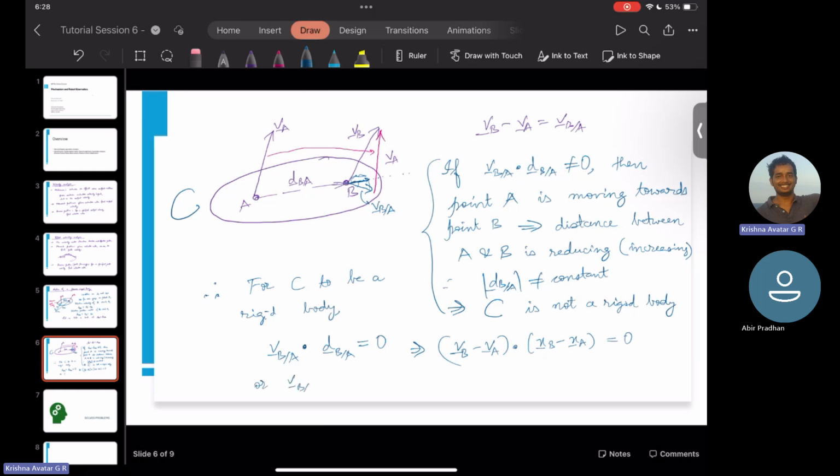This even implies that the relative velocity has to be perpendicular to DBA. So that is the thing, our VBA has to be perpendicular to DBA.